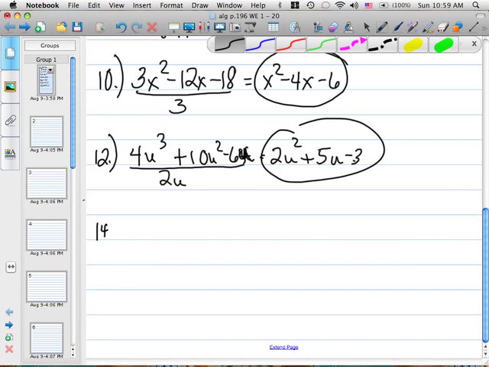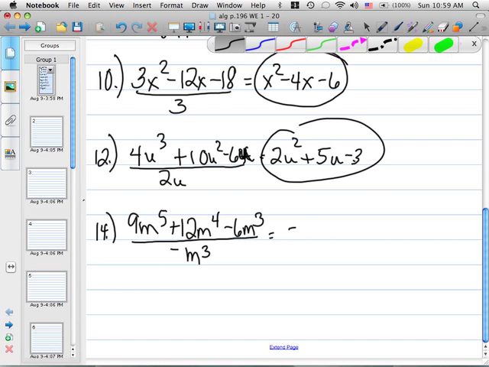Number 14, 9m to the 5th plus 12m to the 4th minus 6m cubed over negative m cubed. Notice the negative sign down there, so be careful. 9 divided by negative 1 is negative 9, and I can take out 3 m's top and bottom, so that leaves me m to the 2nd.